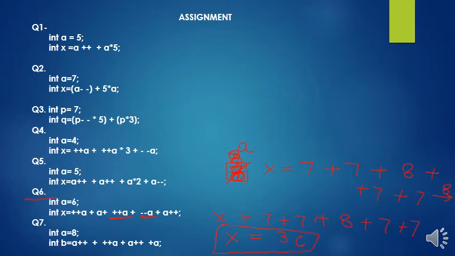Next question, children, question number 7. The value of a is equal to 8. b is equal to a plus plus, postfix increment, use then change.